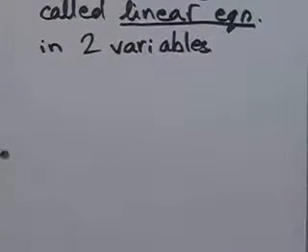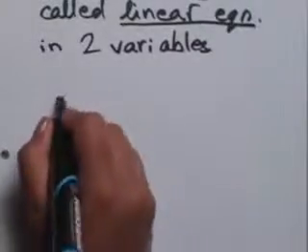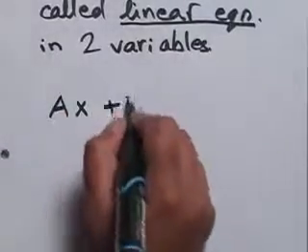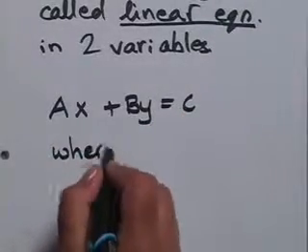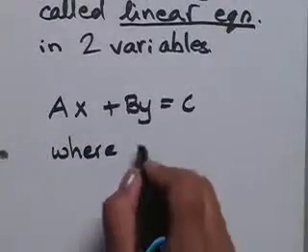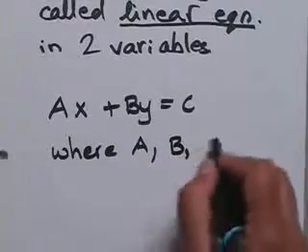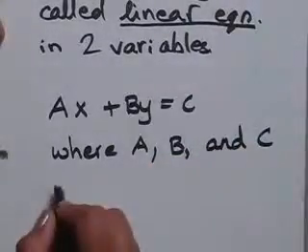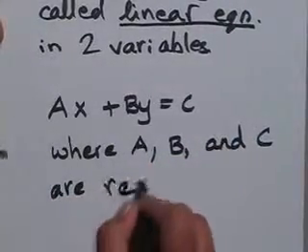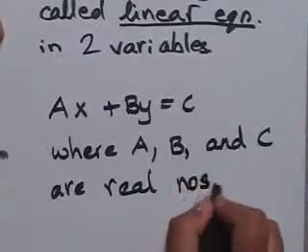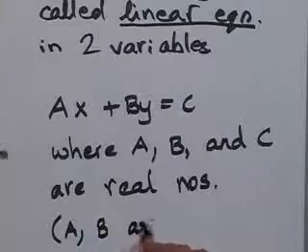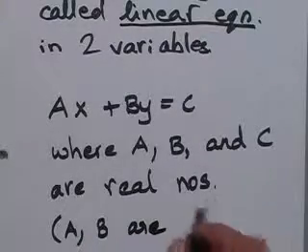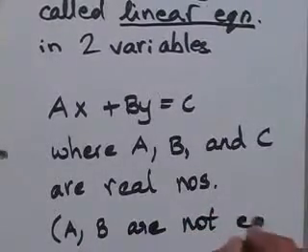The standard form for linear equations is ax plus by equals c, where a, b, and c are real numbers and your values a and b are not equal to 0.